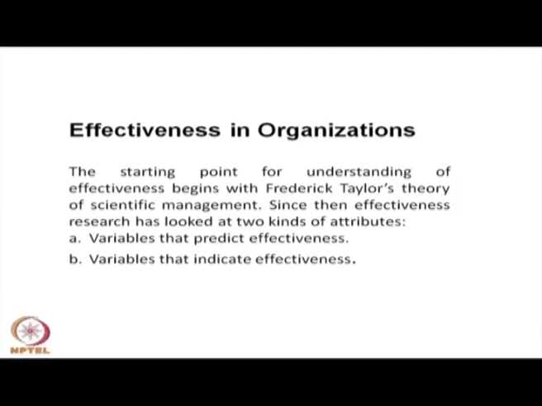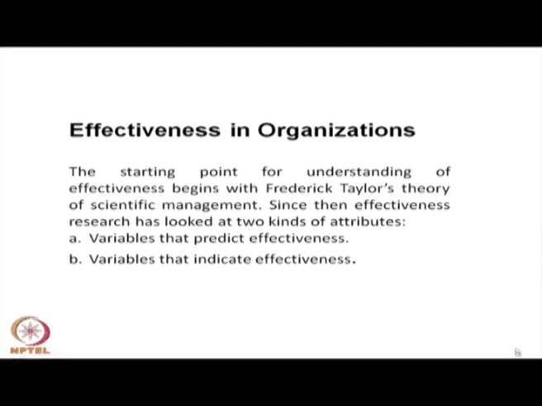Effectiveness in organizations. We try to, it starts from Taylor's time. There are two kinds of attributes, variables that predict effectiveness and variables that indicate effectiveness. What are the variables that will help effectiveness to happen, and what are the variables that, if they are present, mean effectiveness is there.